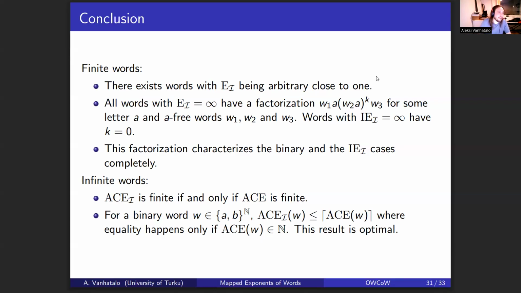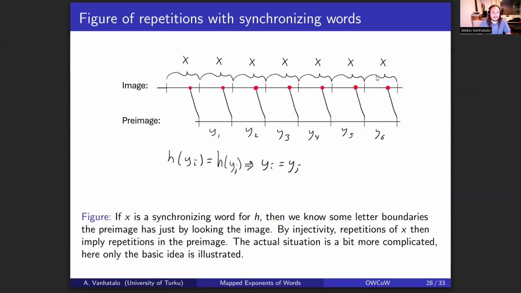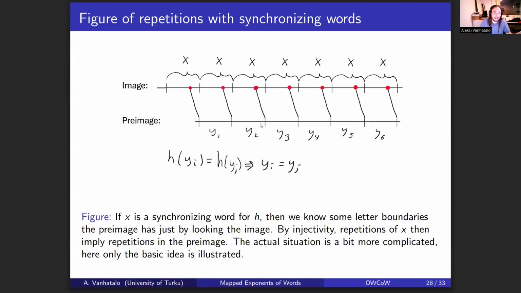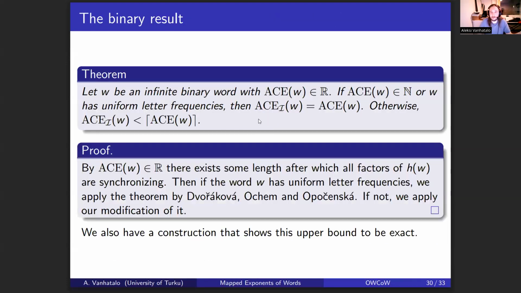In the iterating morphisms situation, you sort of know what's happening, whereas here, let me take the binary result for example, our infinite word in the beginning can be anything.